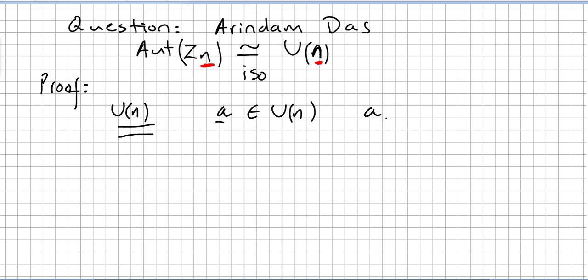So for all a, there will be an inverse such that you get the identity. Of course, the operation here is made modulo n.